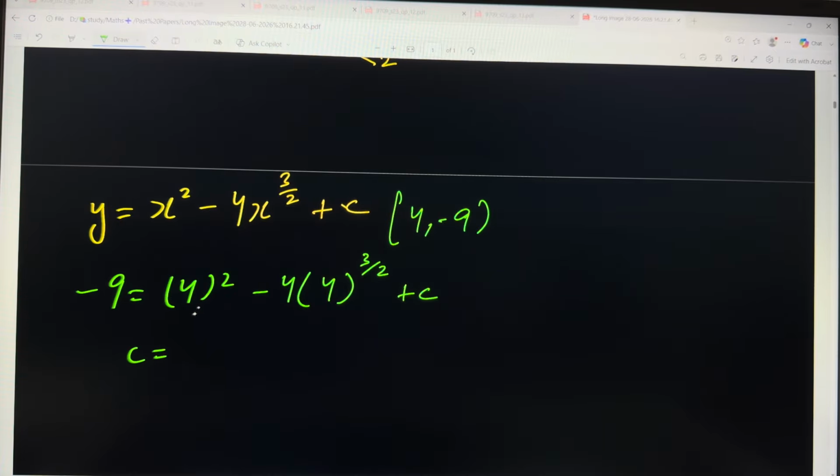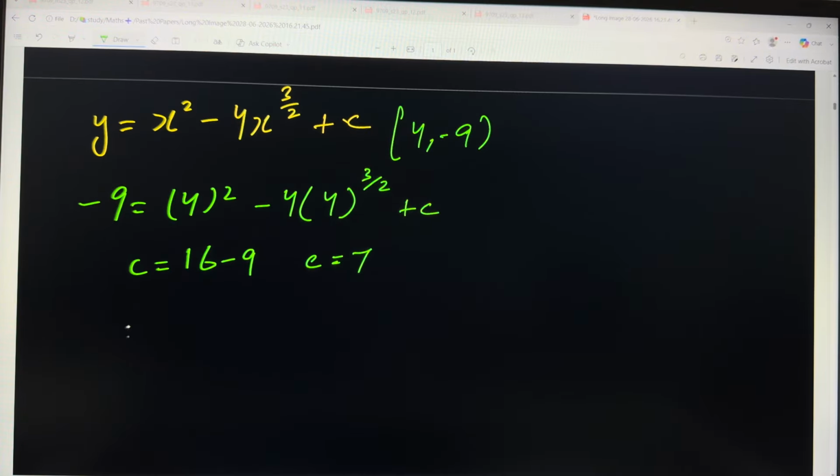So it becomes 16 minus 9, so c is equal to 7. So our equation is y is equal to x^2 minus 4x^(3/2) plus 7. This is our equation.